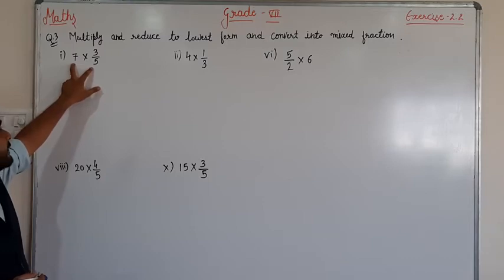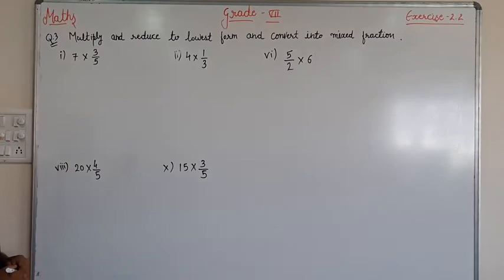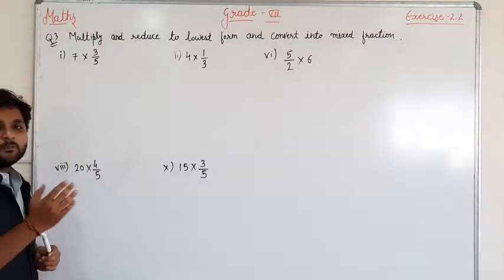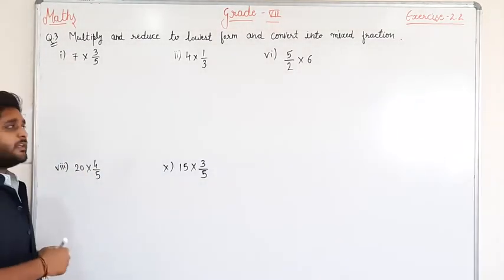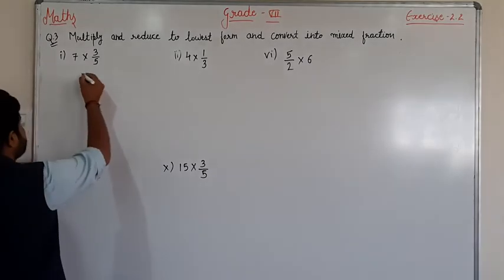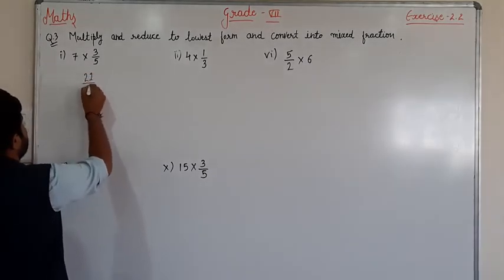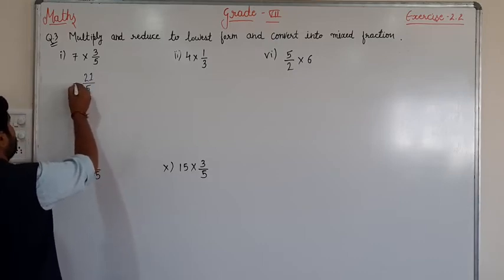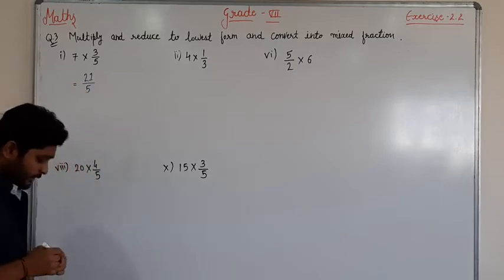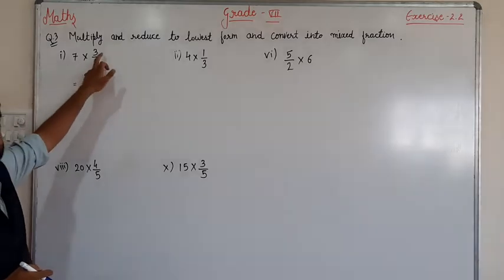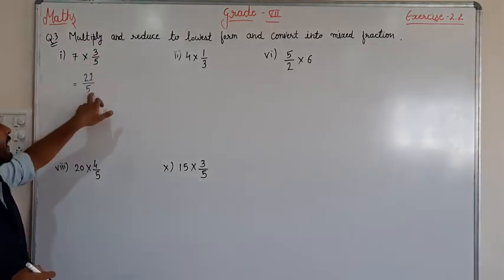So directly we just multiply the numerators: 7 multiplied by 3. 7 3s are 21, so we can write 21 upon 5.